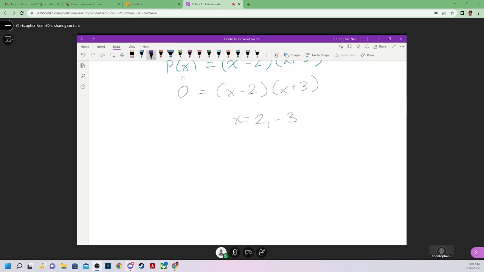What does this mean? This means x equals 2, negative 3 is a solution to P of x equals 0. If I set my output equal to 0, these are my solutions. What else does it mean?